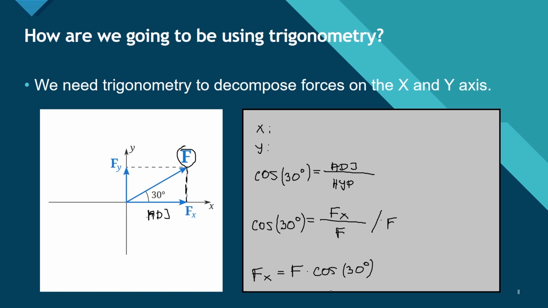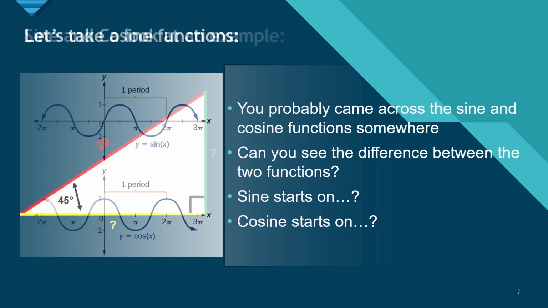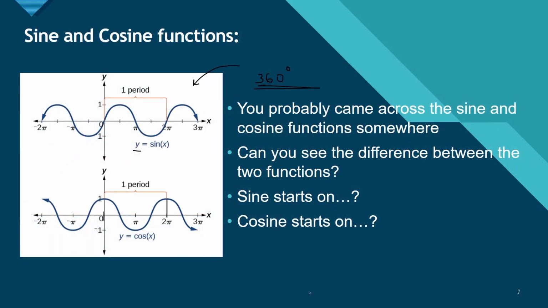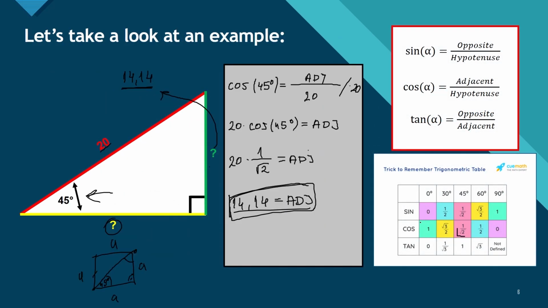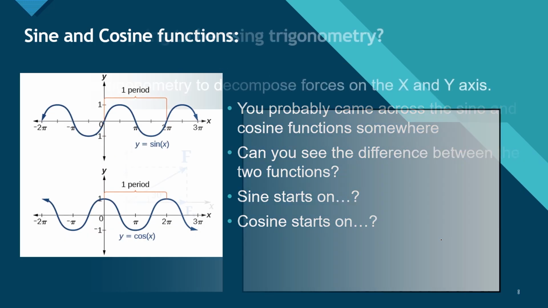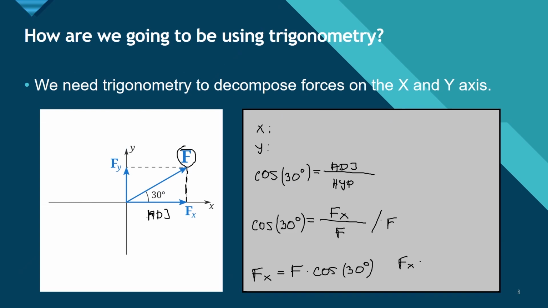If we go back to our little table that we had for the functions, you can see that the cosine of 30 degrees is equal to square root of 3 divided by 2. So Fx is equal to square root of 3 divided by 2 times F, okay? This is the projection Fx.